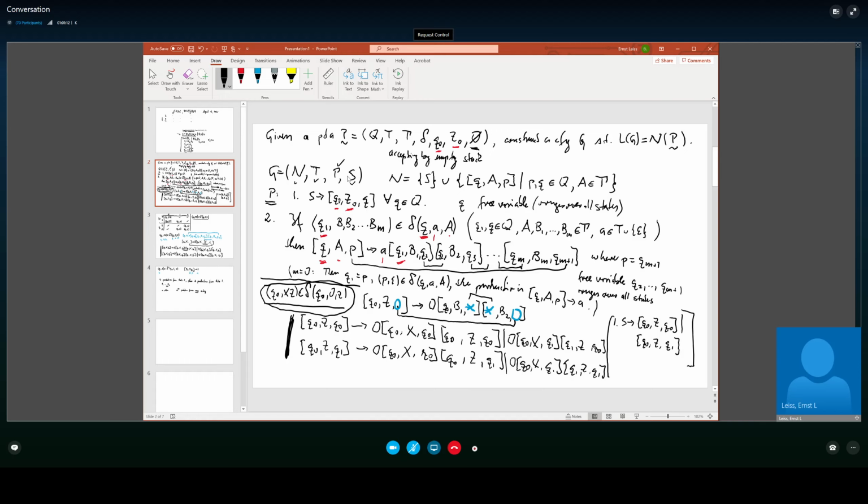Basically, the proof that this grammar actually generates everything that the push-down automaton accepts by empty stack is that if you take a leftmost derivation in that grammar, then it basically simulates what is being manipulated on the stack of the push-down automaton.